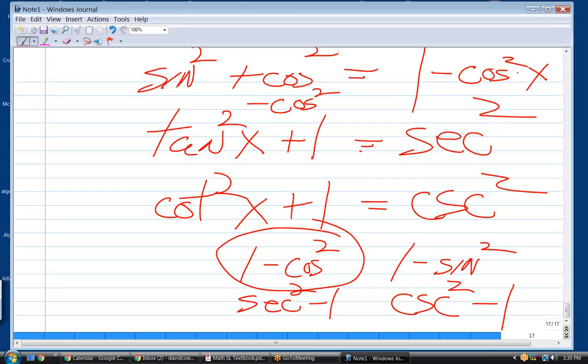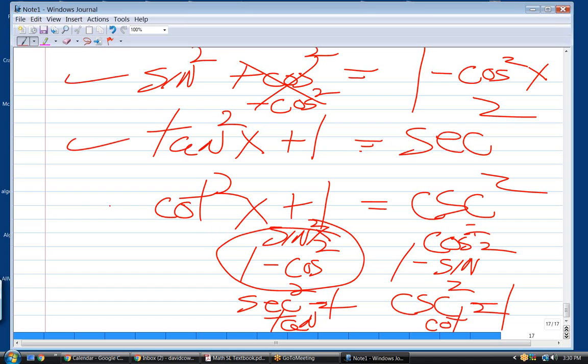So now 1 minus cosine squared is equal to sine squared. So this is the same as sine squared. This over here is the same as cosine squared. This down here is the same as tangent squared. And this down here is the same as cotangent squared. All I'm doing is taking these 3 fundamental identities and moving one term to the other side of the equation.